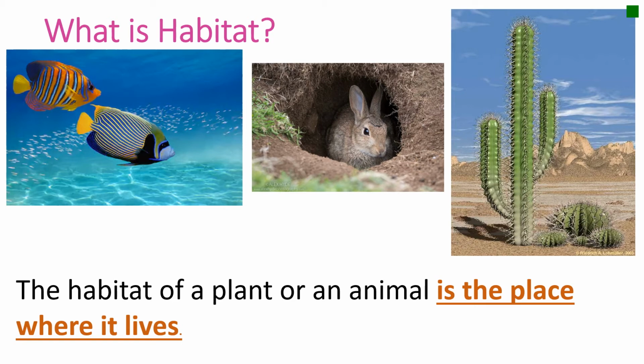Where does this rabbit live? The rabbit lives in a hole. Where does the cactus plant grow? The cactus plant grows in the desert. So these are called habitats. A habitat is a place where animals or plants can live. Try to give another example of an animal and where it lives, and a plant and where it lives also.